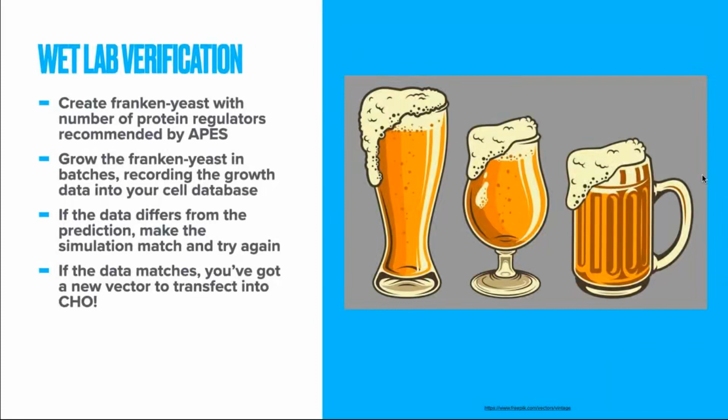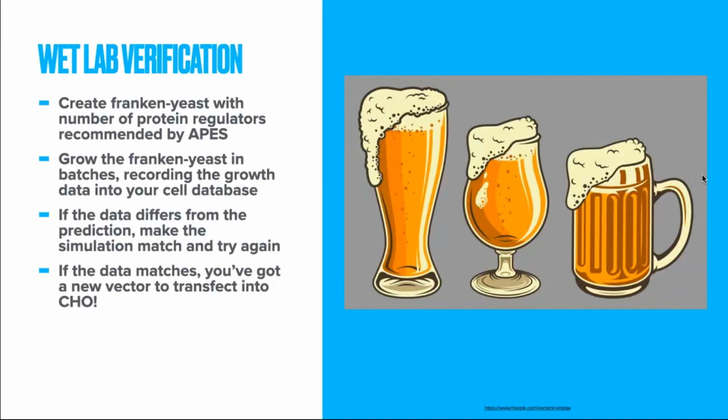Where you create Franken yeast with a different number of protein regulators. So those control how much of a certain protein is expressed, right? Those are your inputs. Depending on whether they promote or inhibit the expression of the protein, you're going to have a different amount of it expressed, and that's going to affect the metabolic process, and so the byproduct that you're looking for.